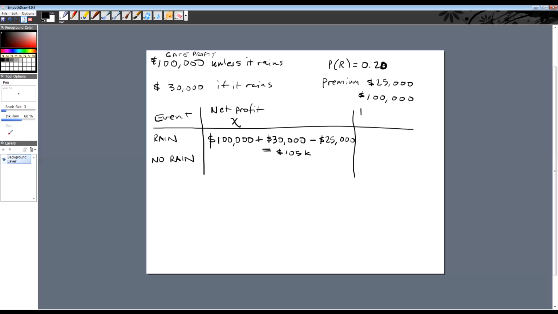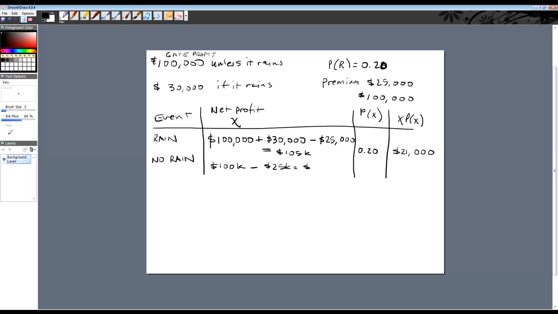Now the probability is 0.2. Probability of rain is 0.20. .20 times 105,000 is $21,000. Now, in the event of no rain, he would get $100,000. I'll abbreviate that as 100K. But he's also going to be paying the premium of 25K.